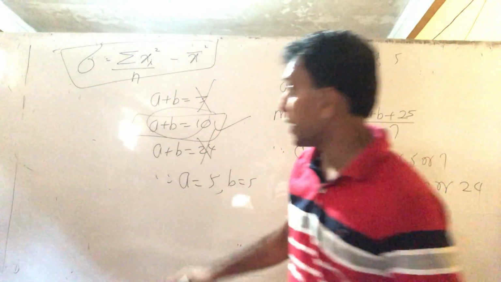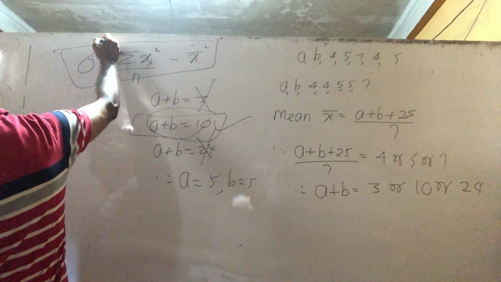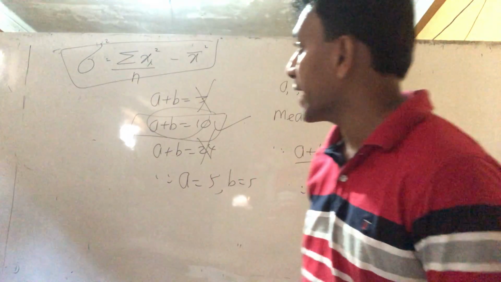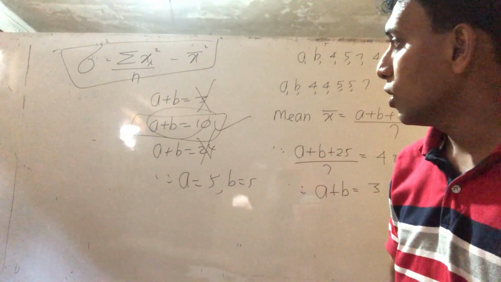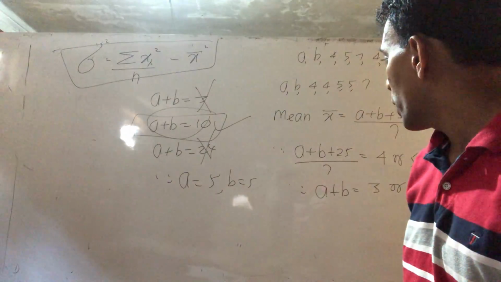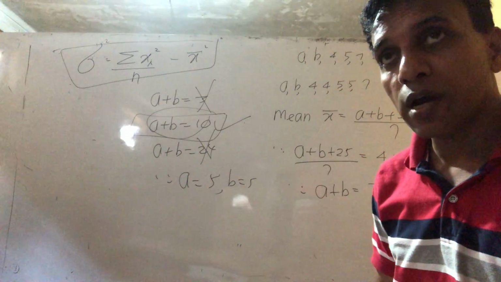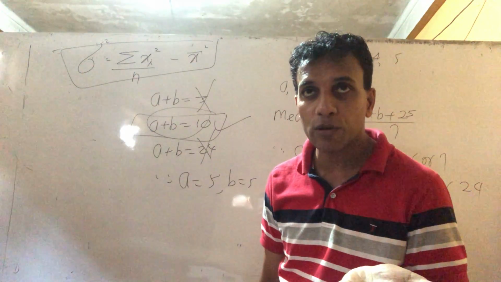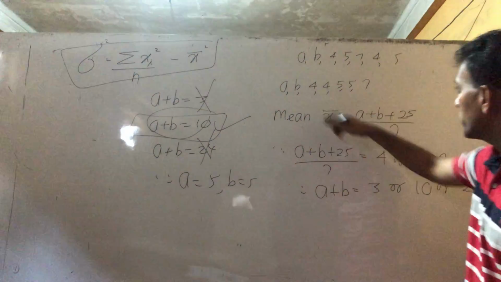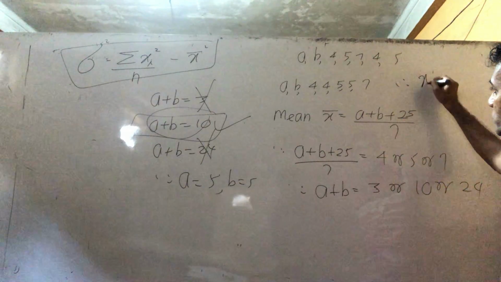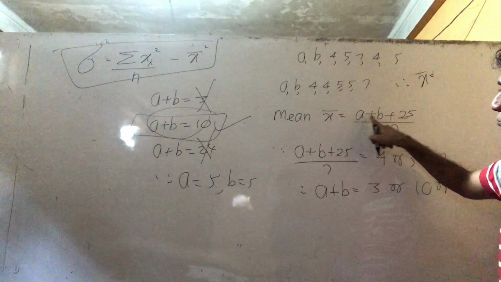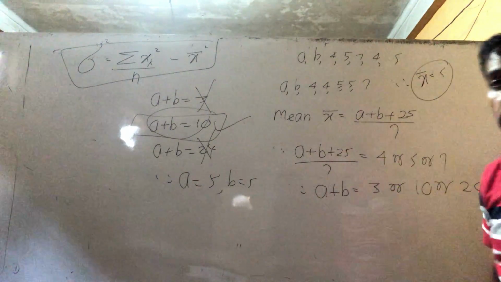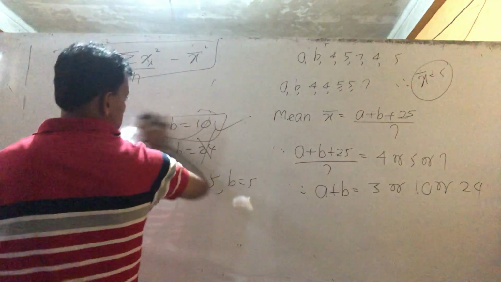The standard deviation is the square root of the variance. So what is x bar now? A is 5, B is 5, no chance for other values. So what is the mean? 5, 5, 25, 35 divided by 7, 5. X bar is 5.